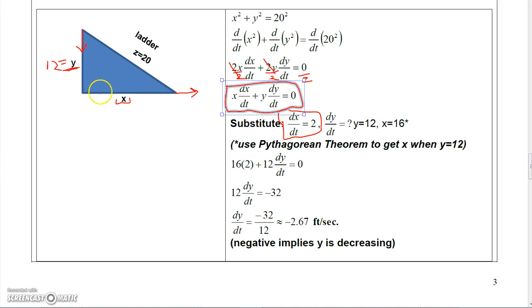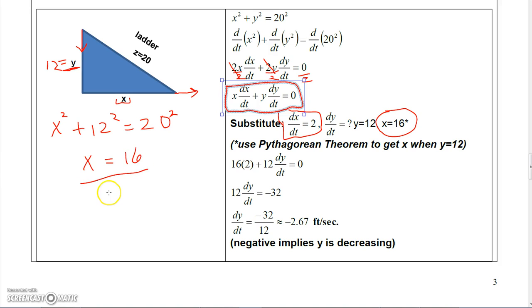Well, when y is 12 and the ladder is 20, you can use the Pythagorean theorem to get x. So if you're wondering where I got this x value of 16, I just used my old formula, x squared plus 12 squared equals 20 squared. And then I solved it for x, and I got x equals 16. So that's where that came from.